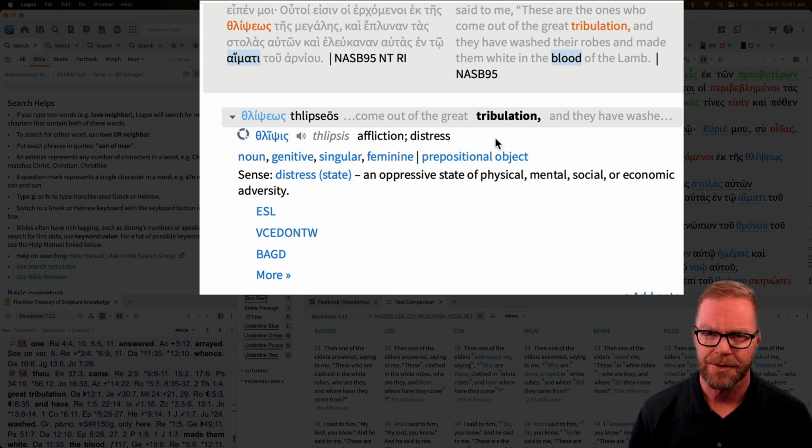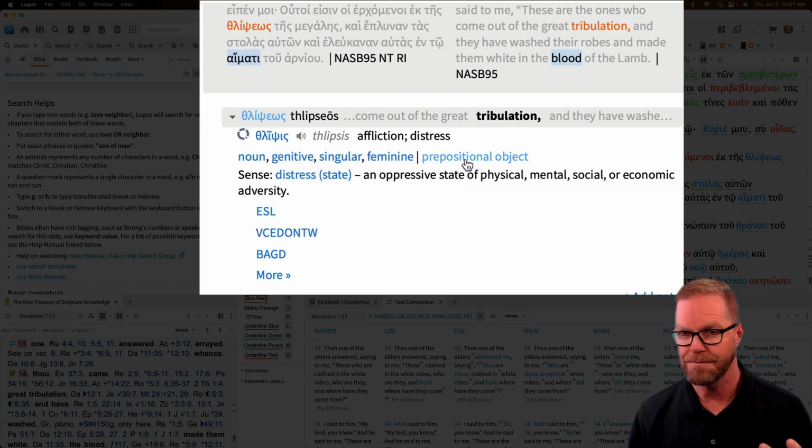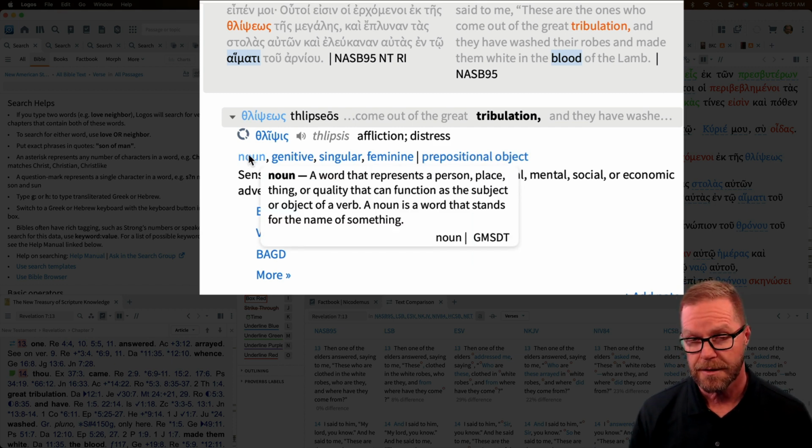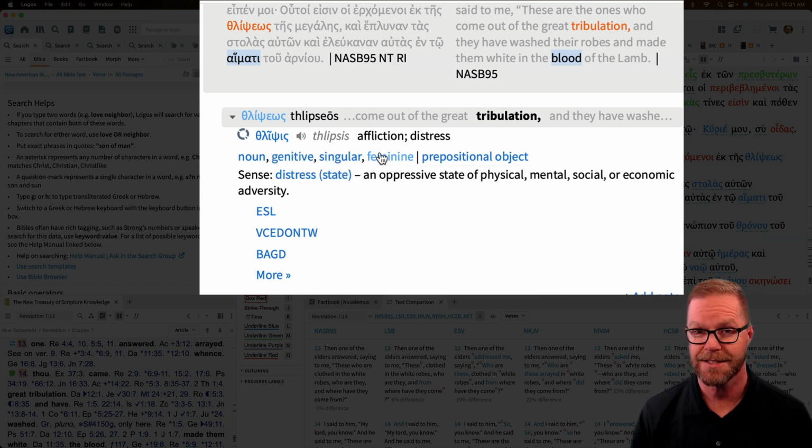I don't know if that came through on the recording or not, but hopefully it did. Then it parses it for you, or conjugates it for you. Noun, genitive, singular, feminine. And when you put your arrow on here, it tells you what each thing is. Gives you a nice definition.